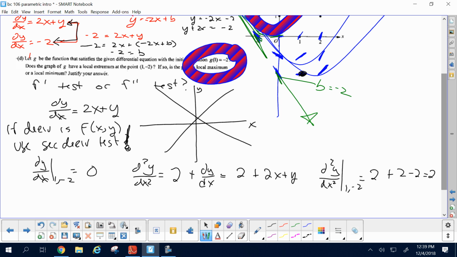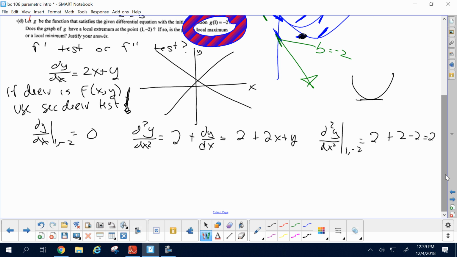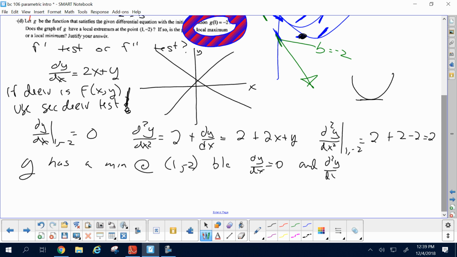Now, I just proved that at that point, the curve is flat and concave up. Therefore, I must have a min. G has a min at (1, -2) because dy/dx equals 0 and the second derivative is positive.